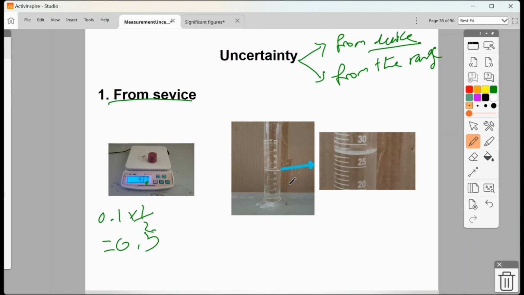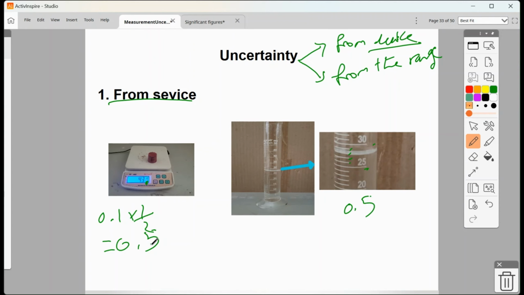What about here? Look, this is 25, 26, 27, 28, 29, and then 30. So the smallest scale we can see here is 1. So half of this one. Half of 1 is 0.5.